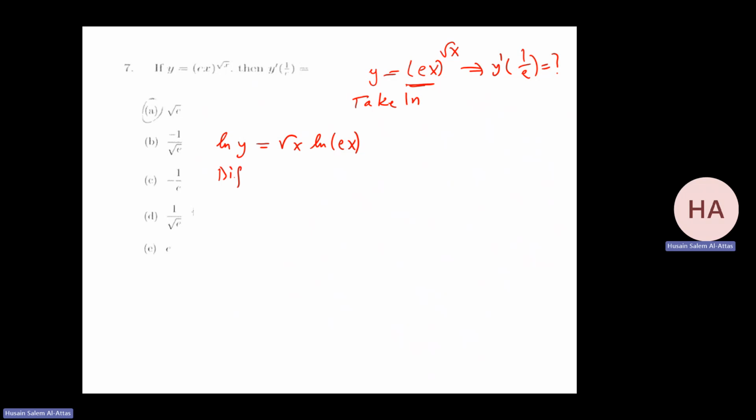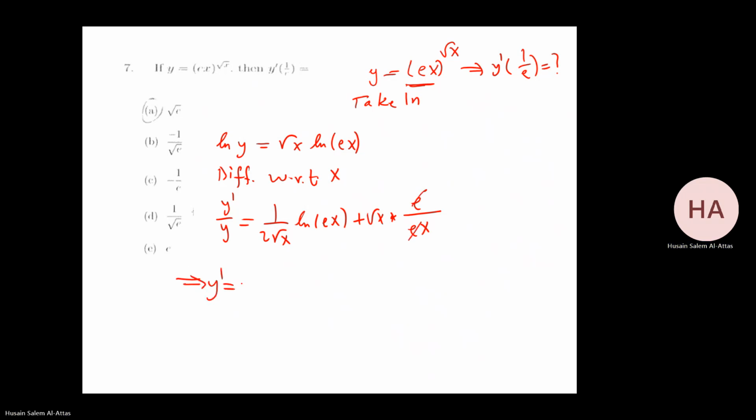Differentiate with respect to x. I have y prime over y equals 1 over 2 root x times ln(ax) plus root x times the derivative of ax, which is, so this cancels. So y prime will be y times this plus 1 over root x.